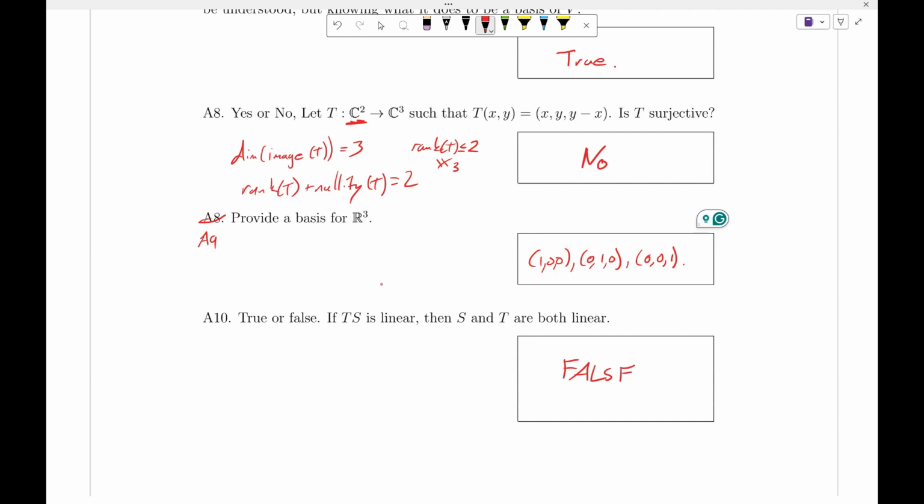We can have a counterexample that contradicts this: S equals x cubed, T equals the cube root of x, and TS equals x. TS of x is a linear function, but S of x and T of x are both not linear functions.